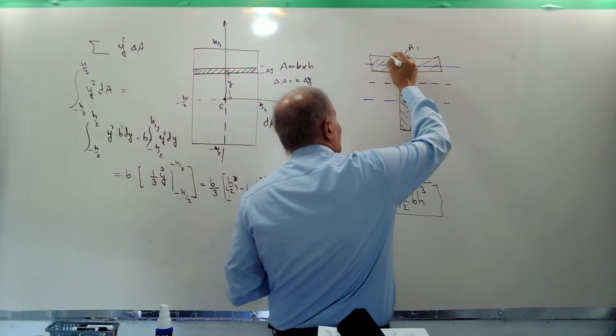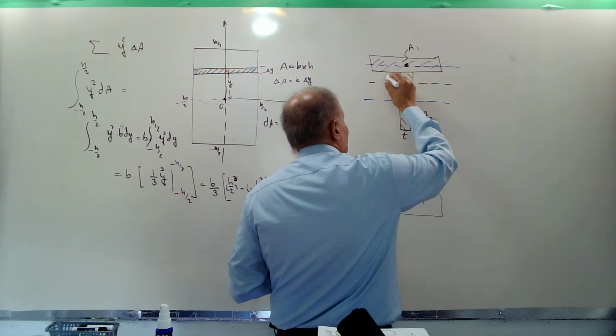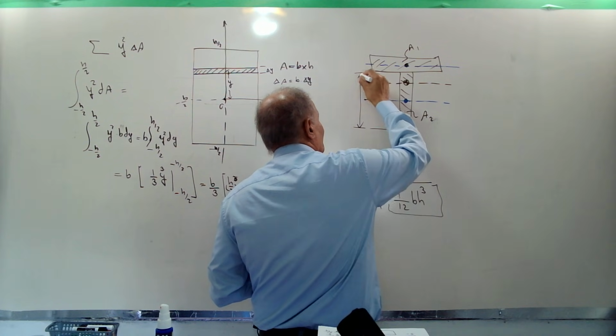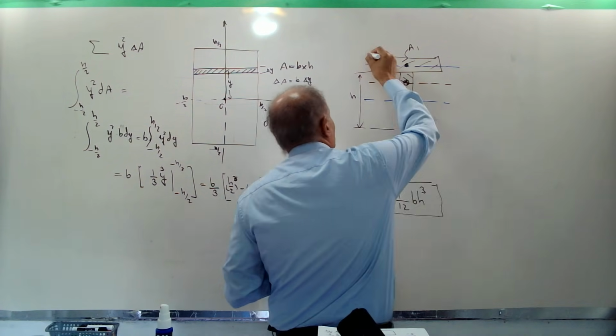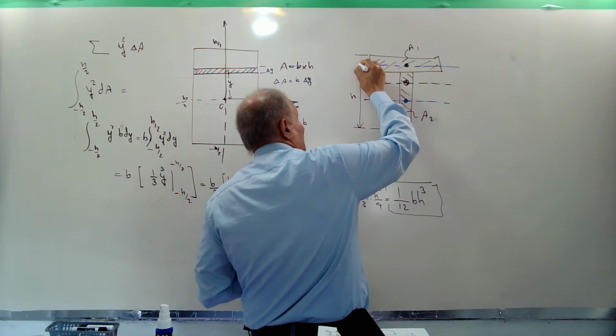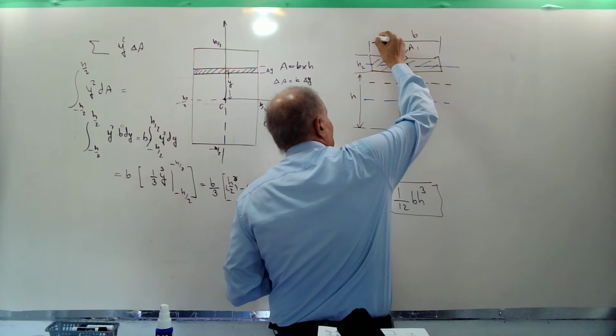Assume that this is, for example, the thickness and this is the depth of the web of the beam, and this is, for example, h2, and this is b.